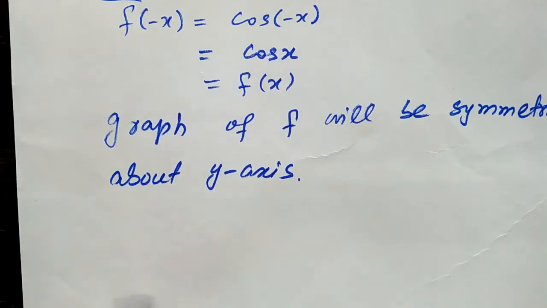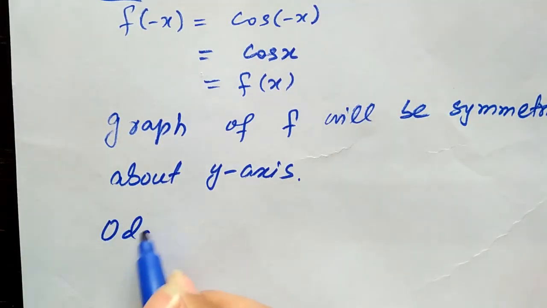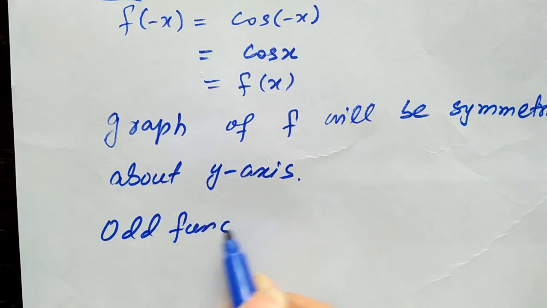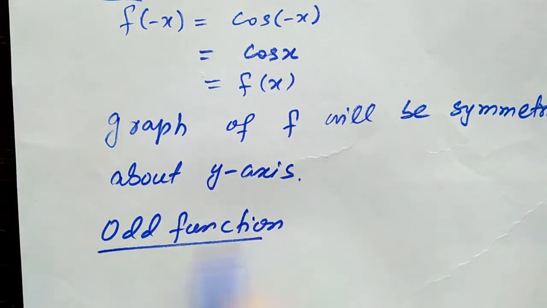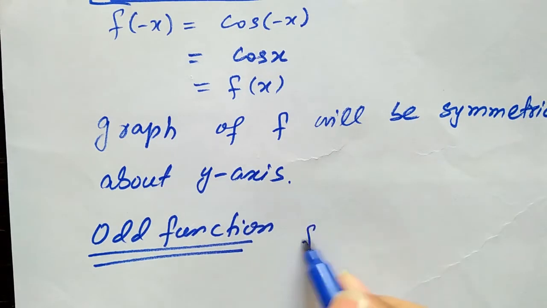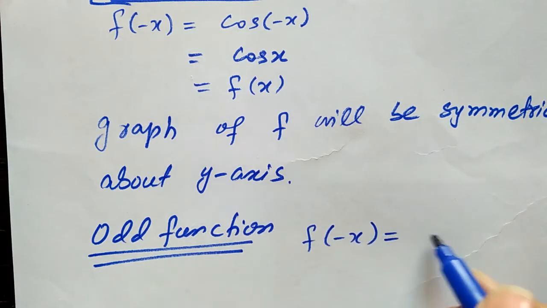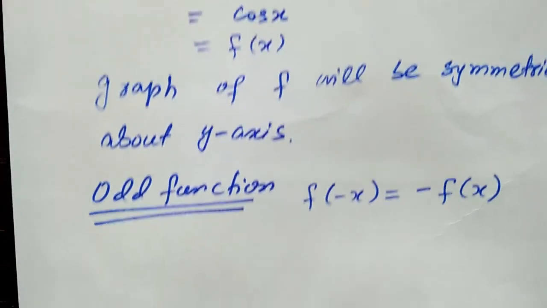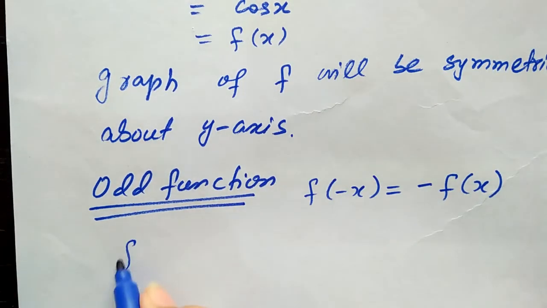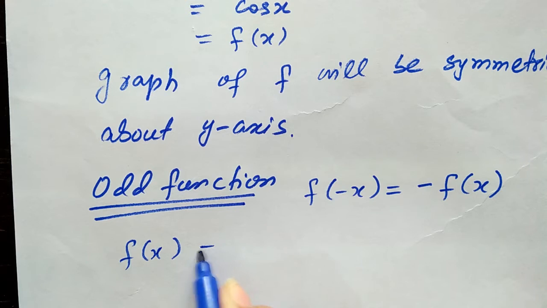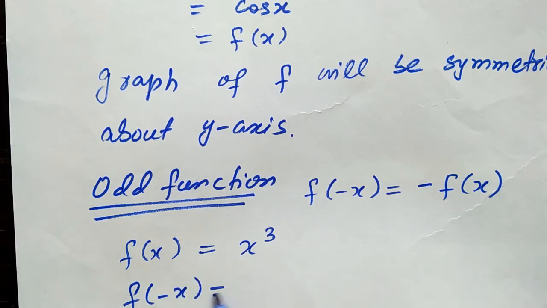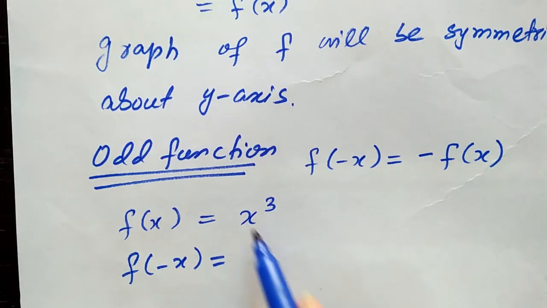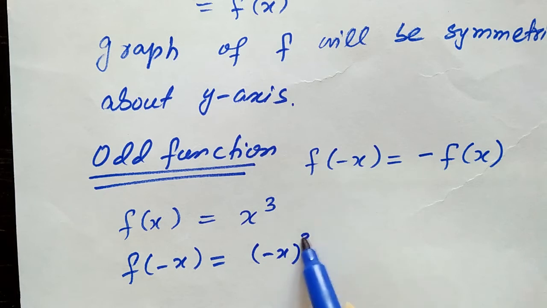Now, what is an odd function? For an odd function, f of minus x must be equal to minus of f of x. For example, if you have f of x equals x cube, then f of minus x will be equal to, replace x with minus x, whole cube.